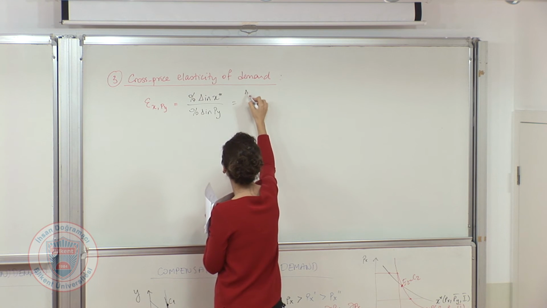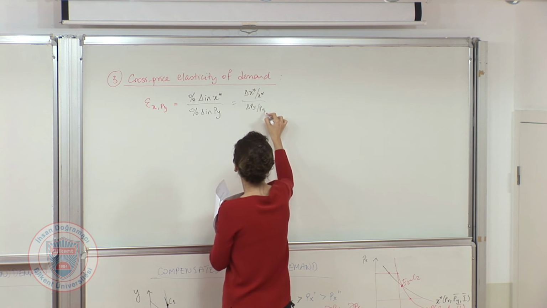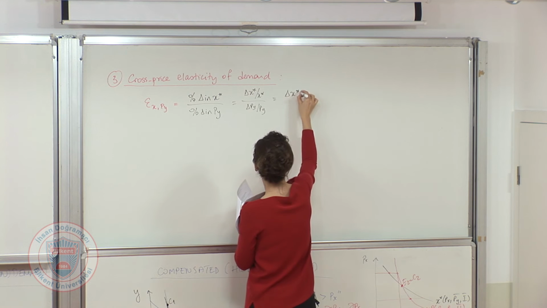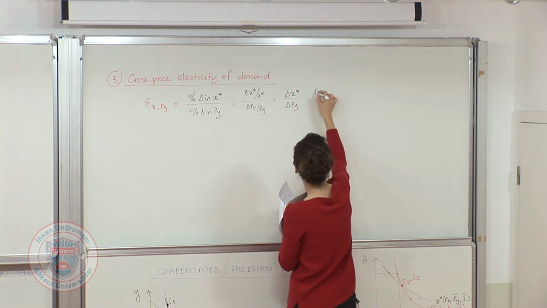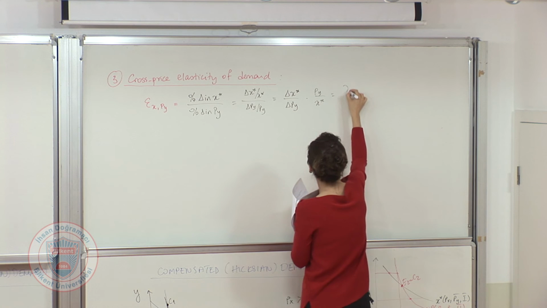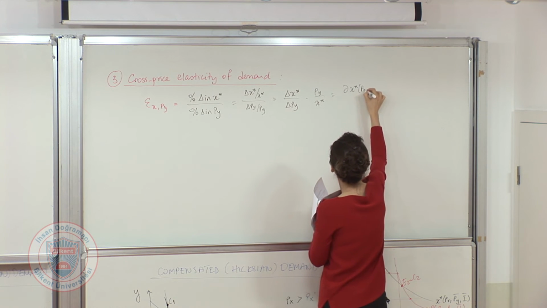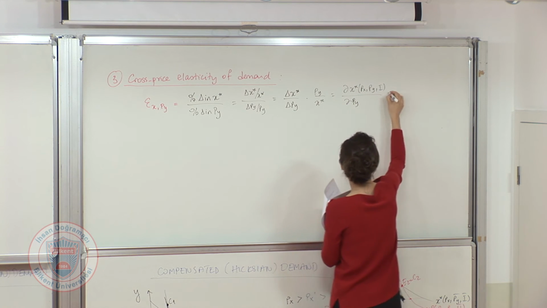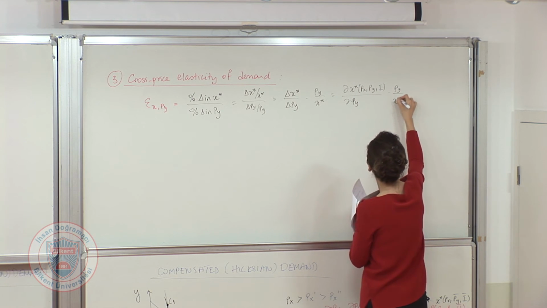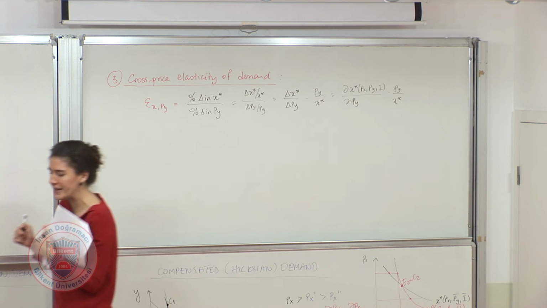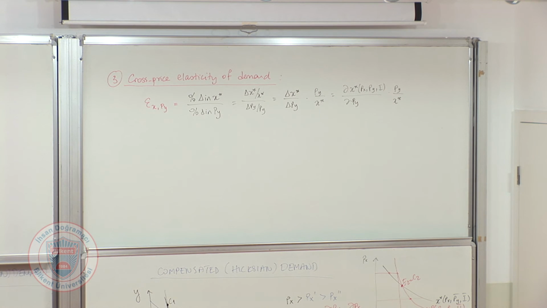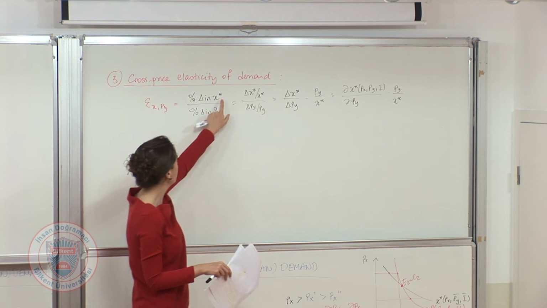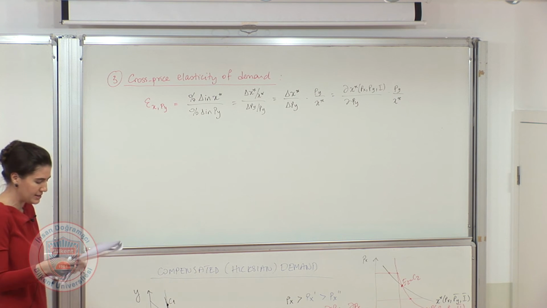So this is going to be del x star over del py, times py divided by x star, okay? So this is basically when the price of the other good changes by 1%, how would consumption of x respond to that. Okay, so this is basically the case.